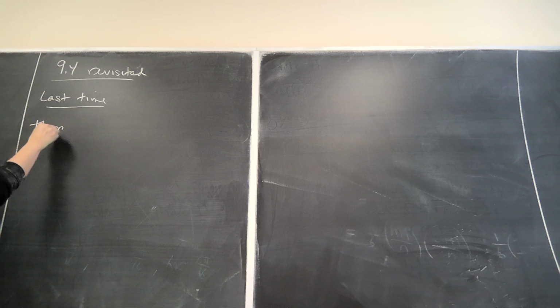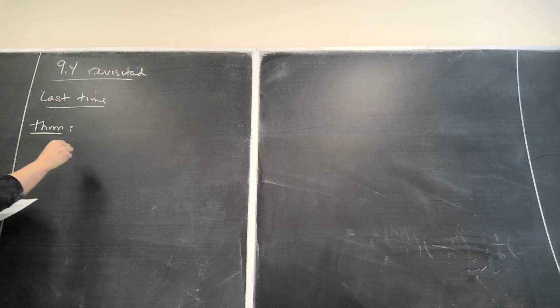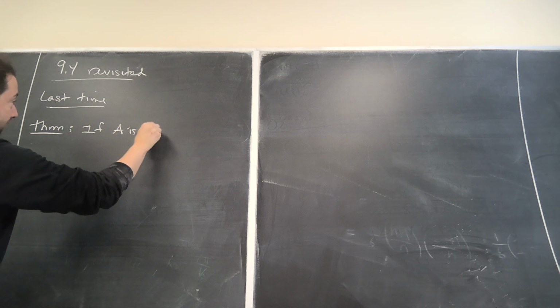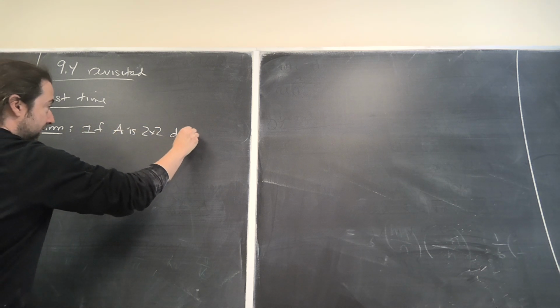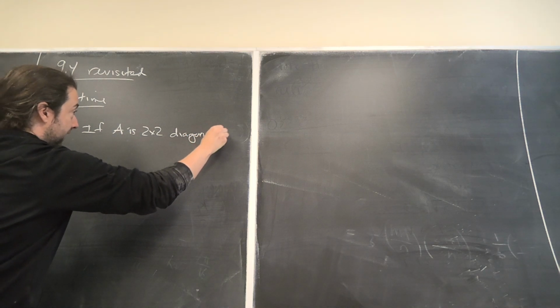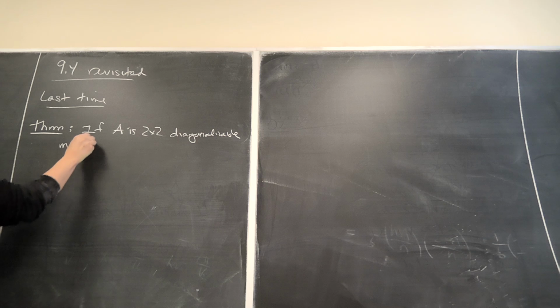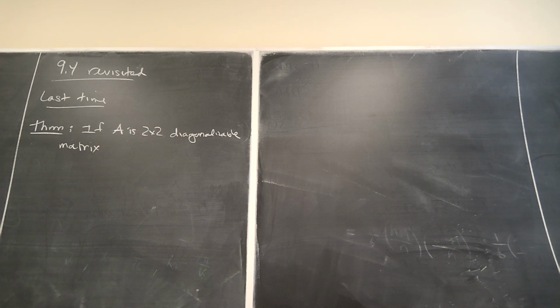theorem, or at least I argued the following theorem, which is that if A is a 2 by 2 diagonalizable matrix, and for the purposes of our conversation today, everything is going to be 2 by 2. A lot of the complications of the higher order stuff are present in the 2 by 2 case, and I can teach you about 2 by 2 matrices.